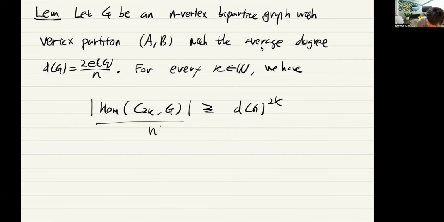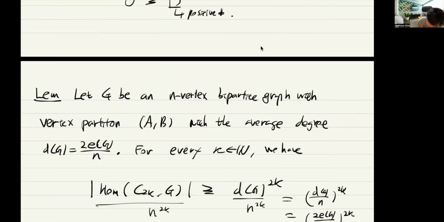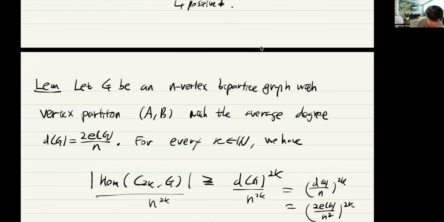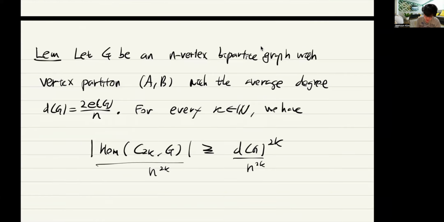So if you divide both sides by n to the 2k, then what? This is d_G over n to the 2k, and that's the same as 2e(G) divided by n squared, to the k. So this is the same as the homomorphism density of K2 in G. So this actually shows the Sidorenko conjecture when H is an even cycle and G is a bipartite graph.